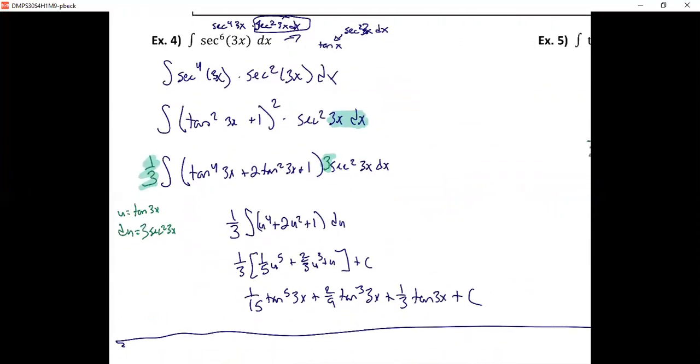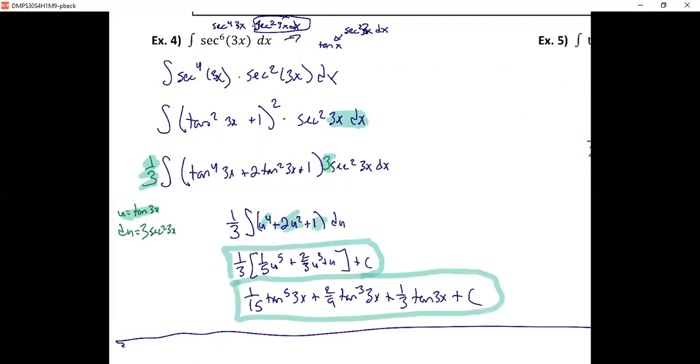And then if I say u equals tangent of 3x, then I have u to the fourth times 2u squared plus 1. I went ahead and took the antiderivative and then distributed through. So far, so good. I really, really hope so.